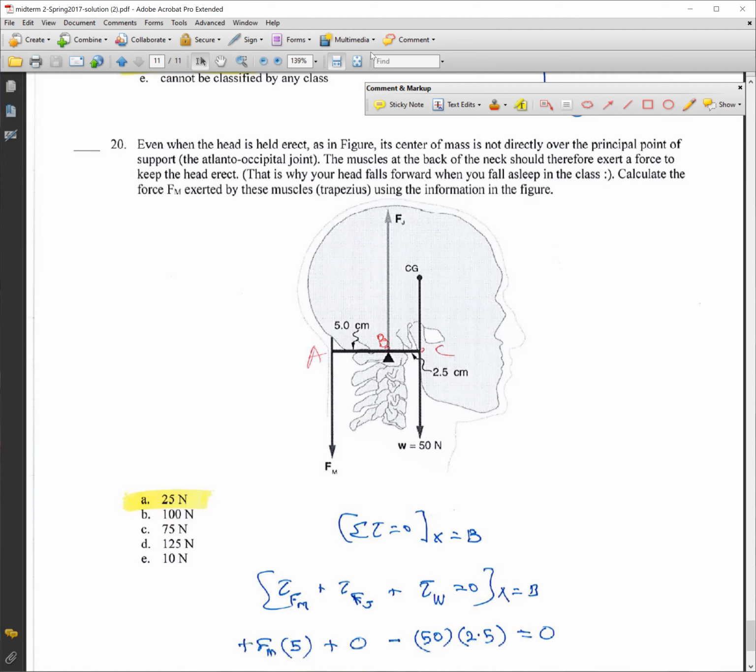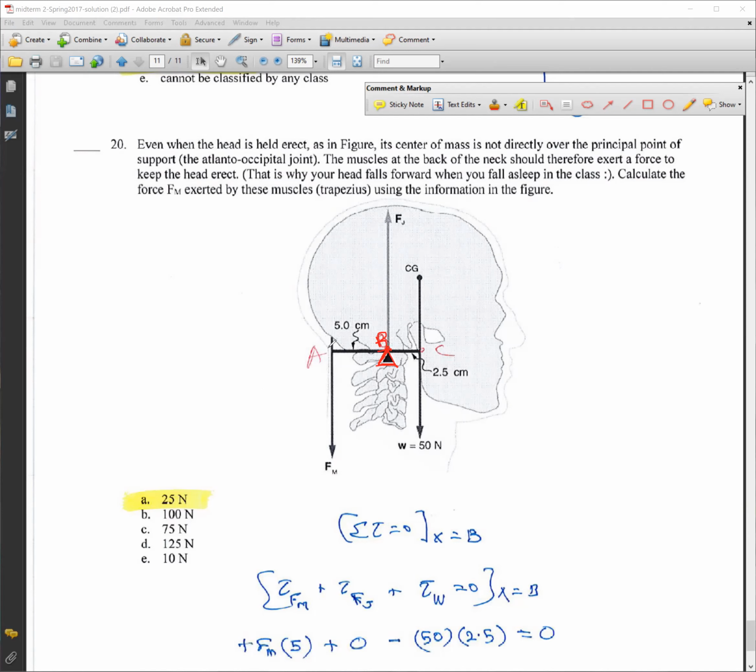Now, we're provided with all the numbers. So the fulcrum is here, point B, right?